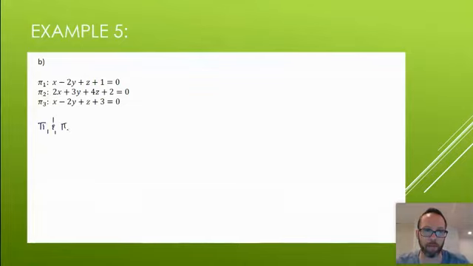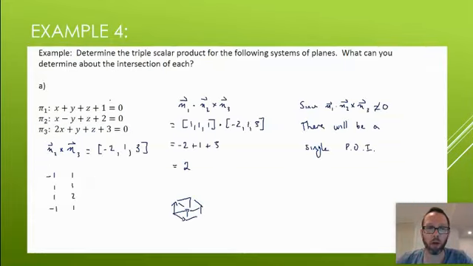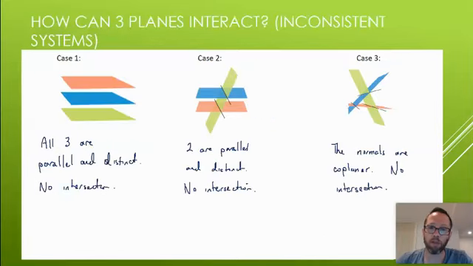Those two planes are parallel and distinct, and the second plane is not parallel to either of them. So we don't need to do any work. We know that it's case 2 in this inconsistent system slide: there's going to be no intersection.